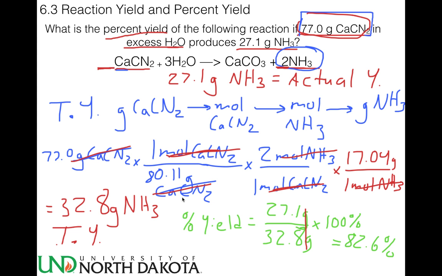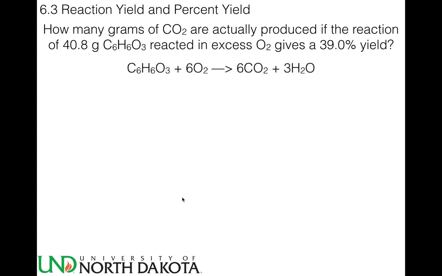Alright, one more problem, and it's a little bit different this time for this video. Here we're asked how many grams of carbon dioxide are actually produced if the reaction of 40.8 grams of C6H6O3 reacted in excess O2 gives a 39.0% yield.